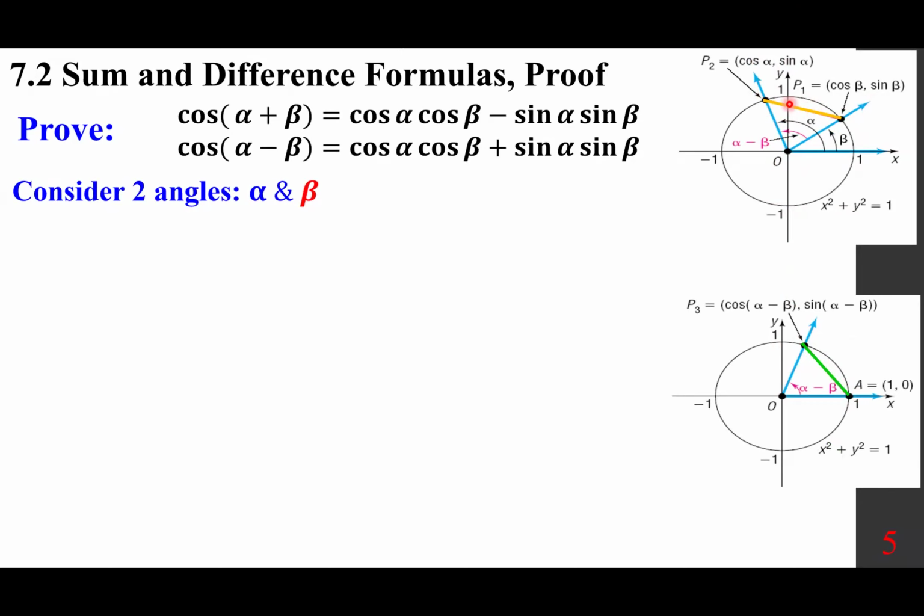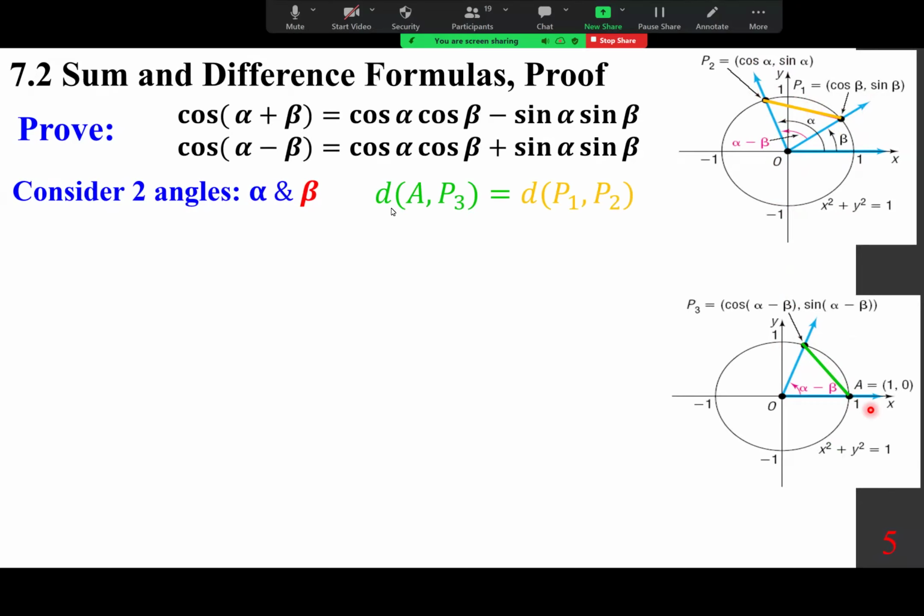So the distance of A to P sub 3 is equal to the distance of P sub 1 to P sub 2.